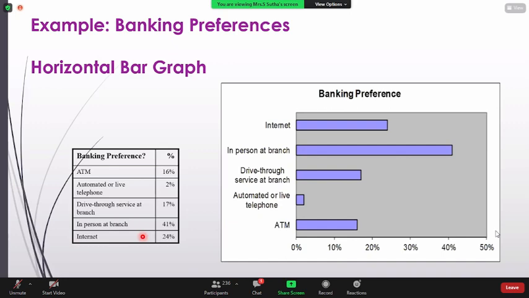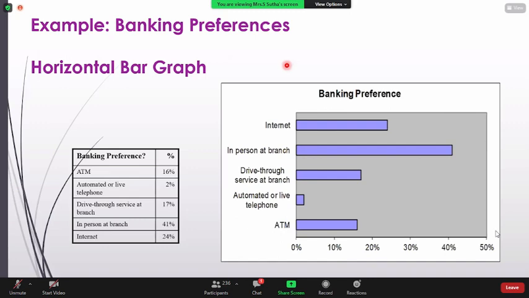You have to look carefully at the measurement level of this variable. Your variable is the banking preferences, right? Then what is the measurement level?